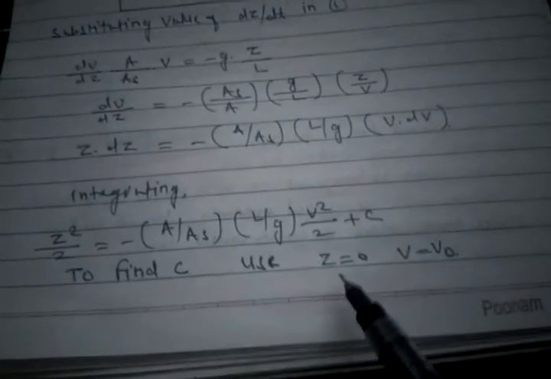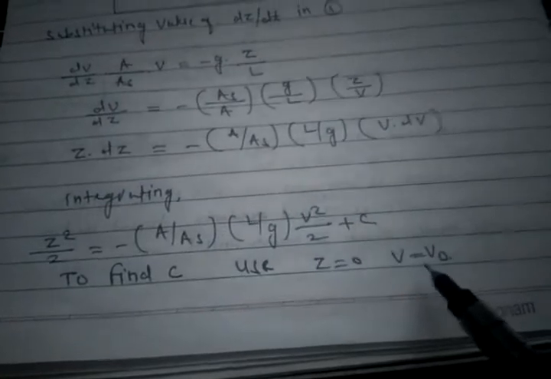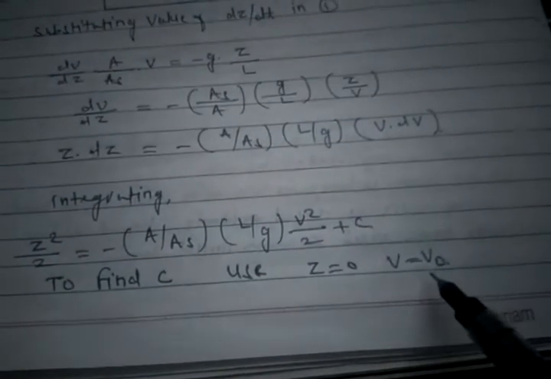Okay, so the rise in water level is 0 when the water is flowing with the original velocity.